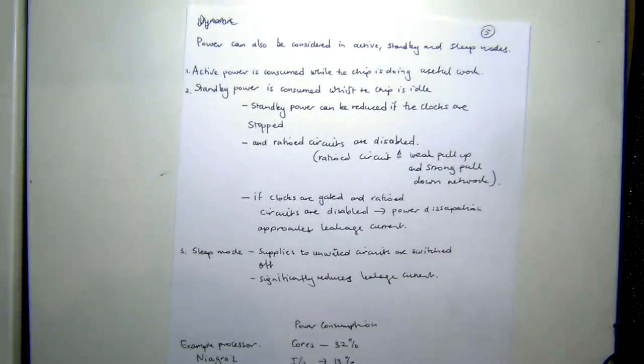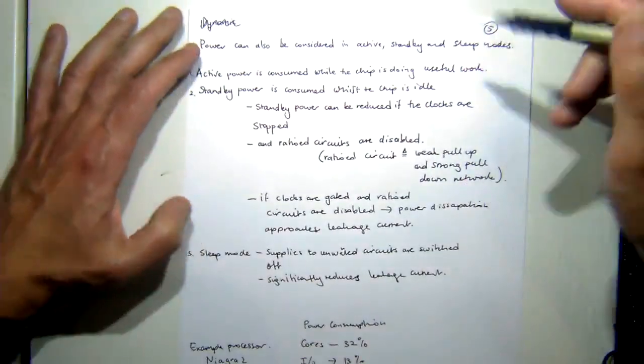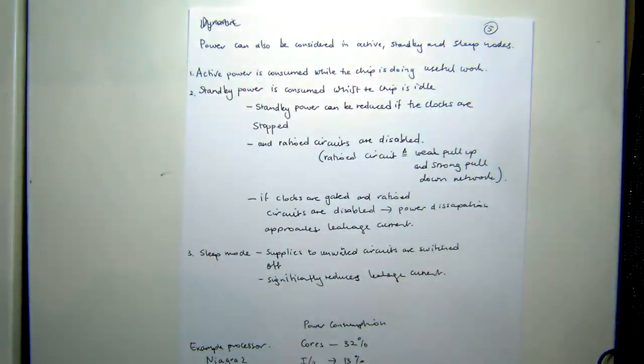Now, before we start talking about activity factor and clock gating, I also wanted to distinguish between the different ways that power is considered, rather than just dynamic and static.